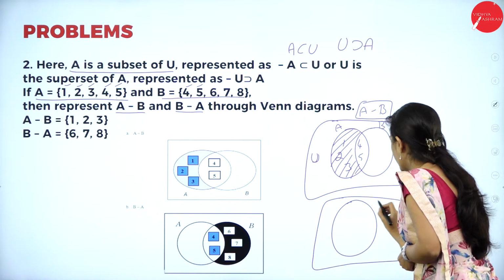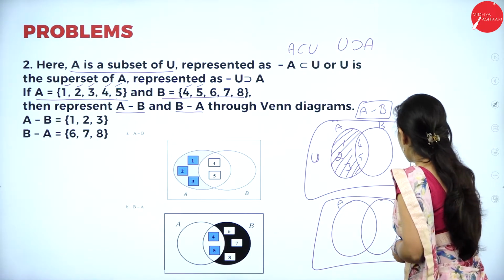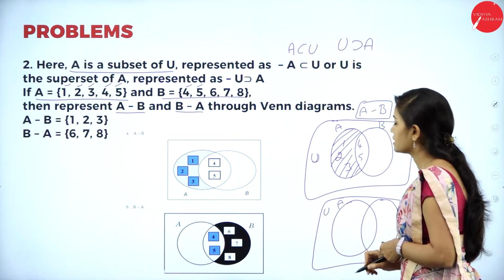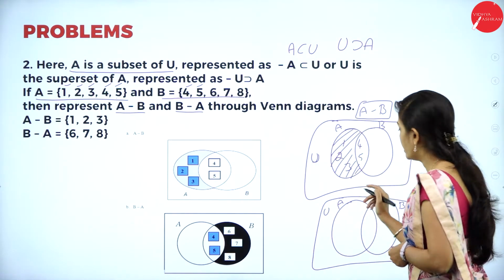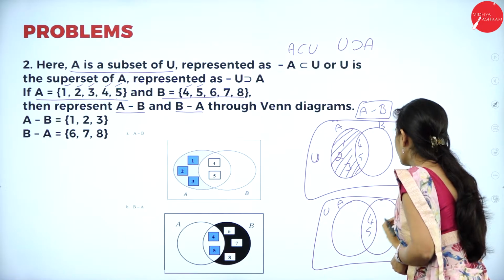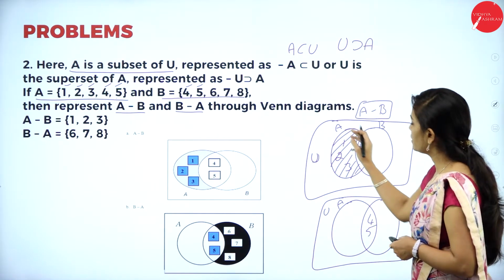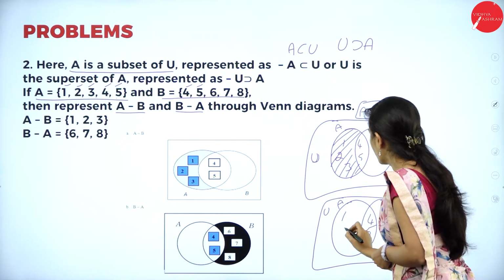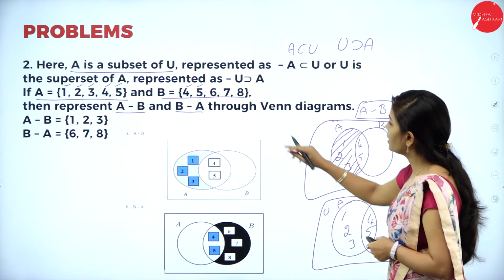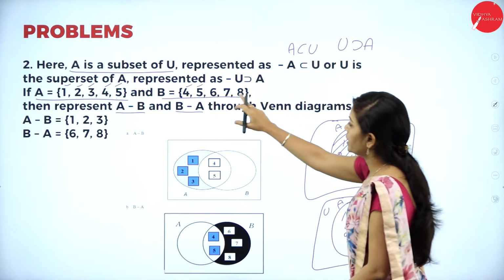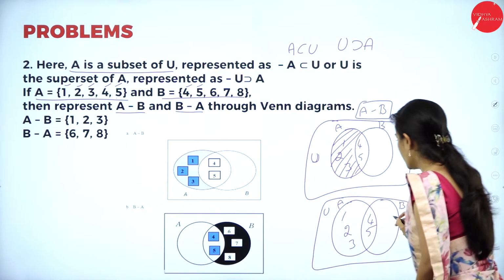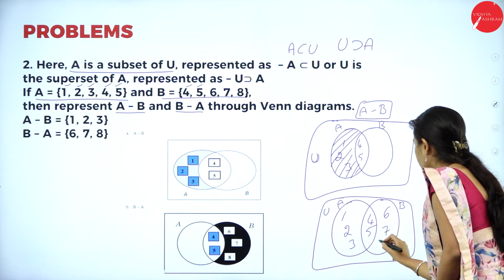For B difference A, you have two sets, A and B, and this is the universal set. First check the common elements of both set A and set B. Again it is 4 and 5. Write the remaining elements of A, 1, 2, 3. And next for set B, write the remaining elements of B, that is 6, 7, 8.